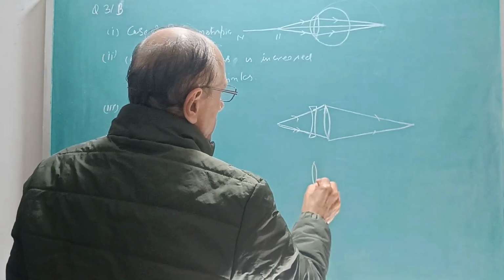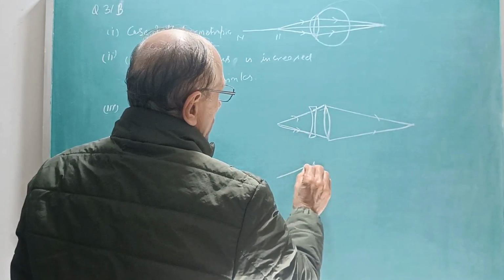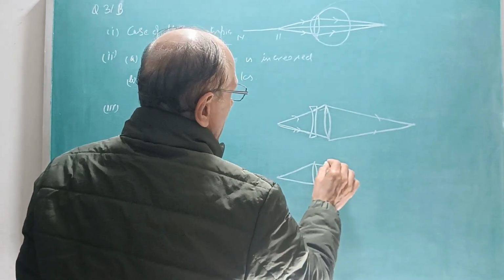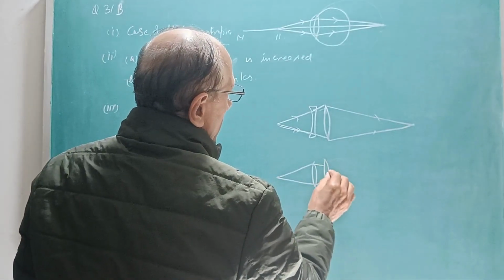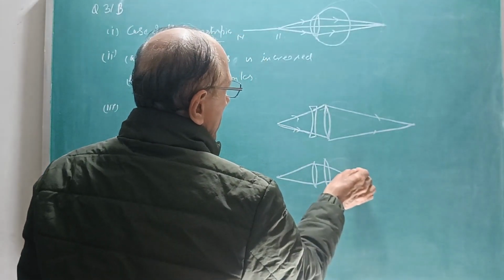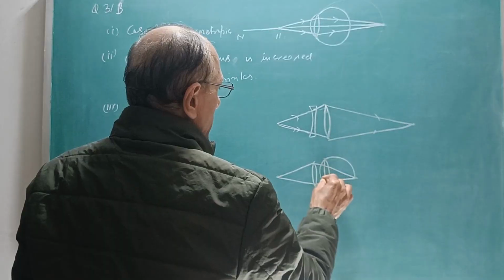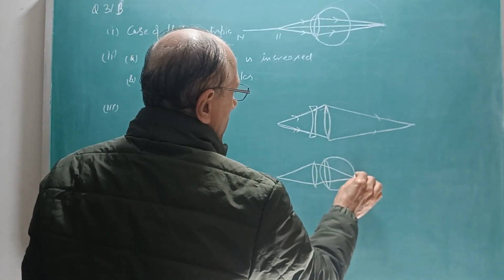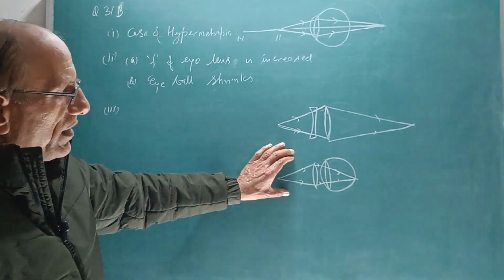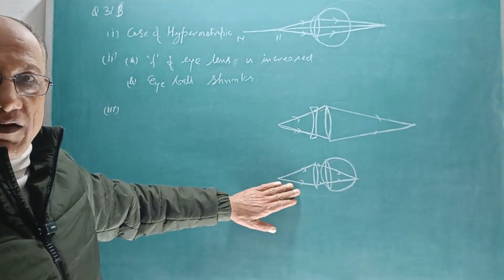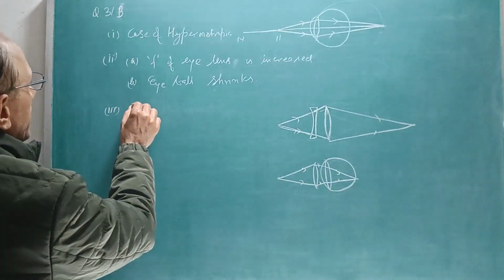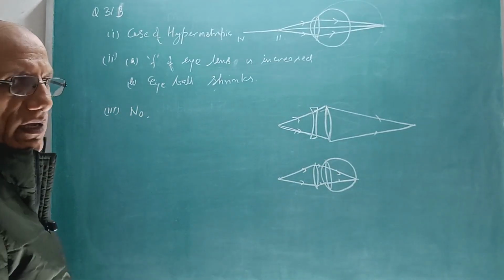So this cannot bring it this way. Whereas if you take the convex lens before that, this will converge the rays and the eye lens will be able to further converge them at the retina. So this way the correction can be done only by the convex lens, not by the concave lens.